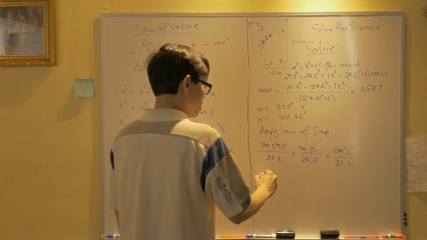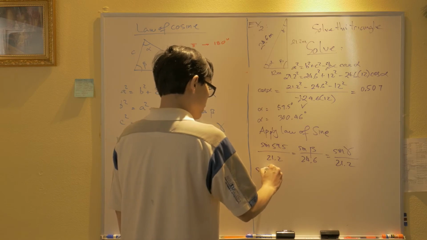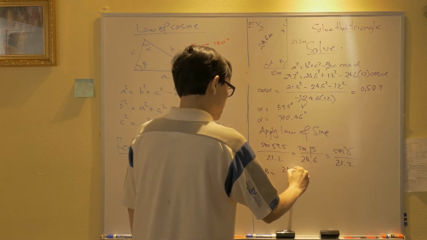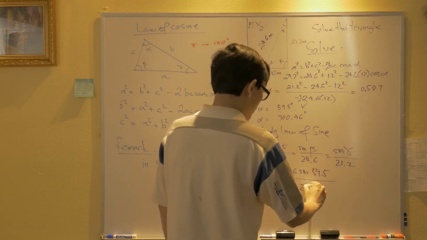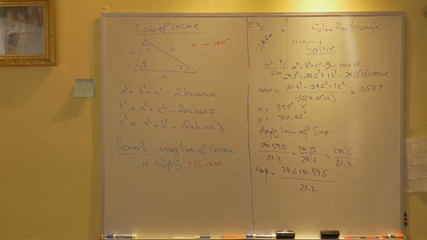So let me solve this first proportion here. I have sine beta equal to 24.6 times sine 59.5 over 21.2, right? Which gives you what? 24.6 times sine 59.5. Do you think I calculated something wrong again?